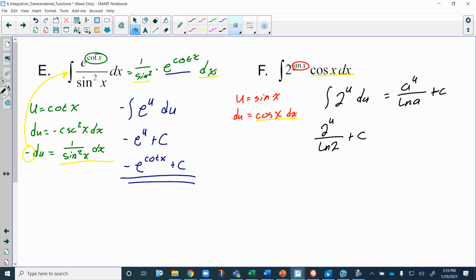And now we can plug in the u value again, and we'll wind up with 2 to the sine of x power over the natural log of 2 plus a constant of integration. And that is going to wrap up that one for example F.